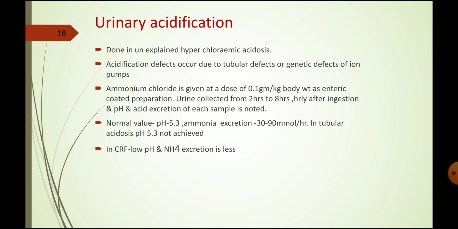In chronic renal failure, the pH is not lowered and the ammonium excretion is less. So that is the importance of doing the urinary acidification test, usually done in renal tubular acidosis.